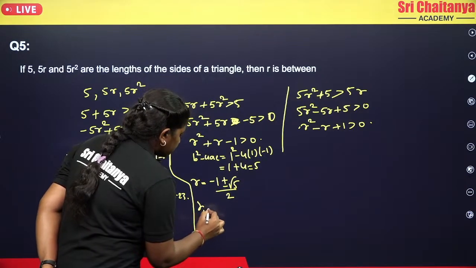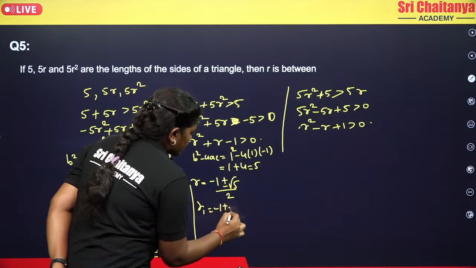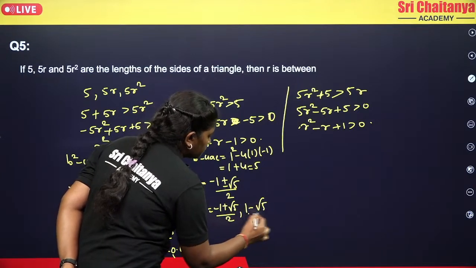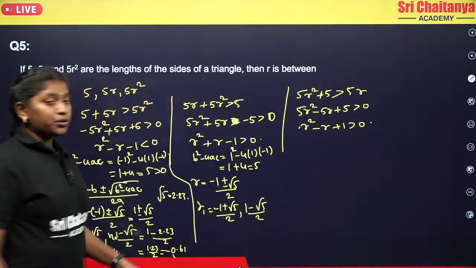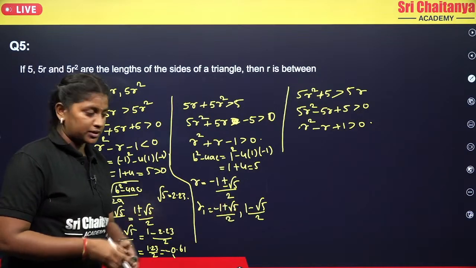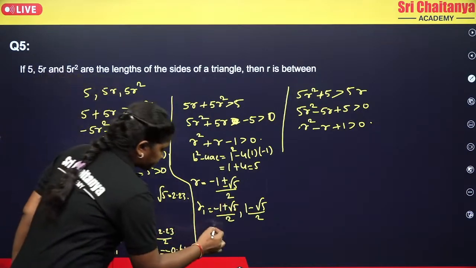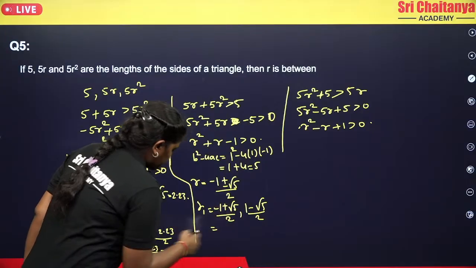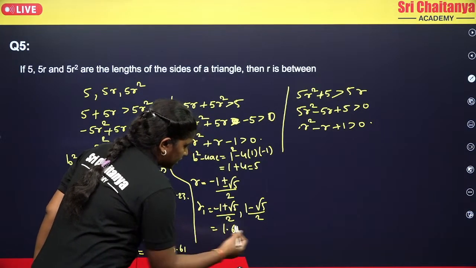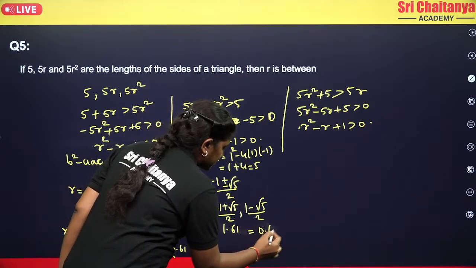So your r1 will be of minus 1 plus root 5 by 2, comma minus 1 minus root 5 by 2. As we know that root 5 value is 2.23, so minus 1 plus 2.23 becomes your 1.23 by 2, which is 0.613.